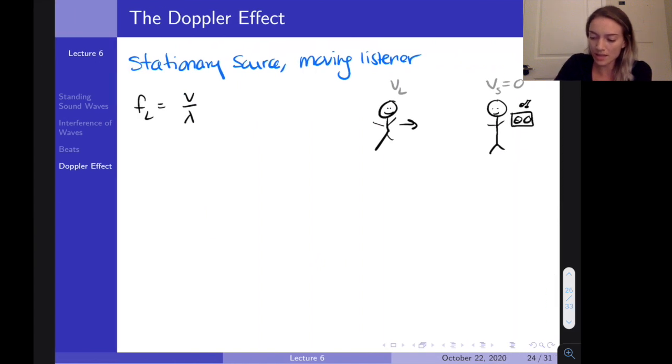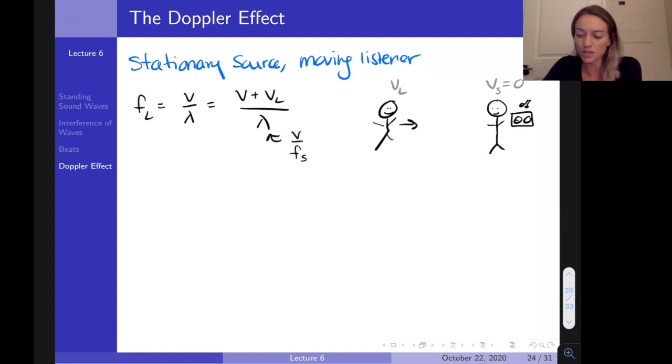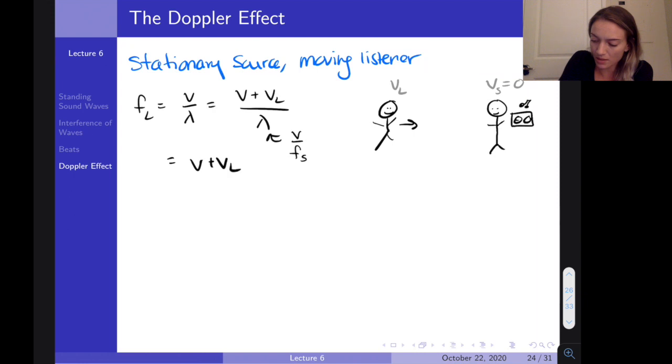So this velocity will seem like it's V plus VL. And the wavelength that the source is emitting is just the usual V over Fs, where Fs is the frequency that the source is emitting, and FL is the frequency that the listener is hearing. So let's rewrite that: FL equals (V plus VL) over V, times F source.